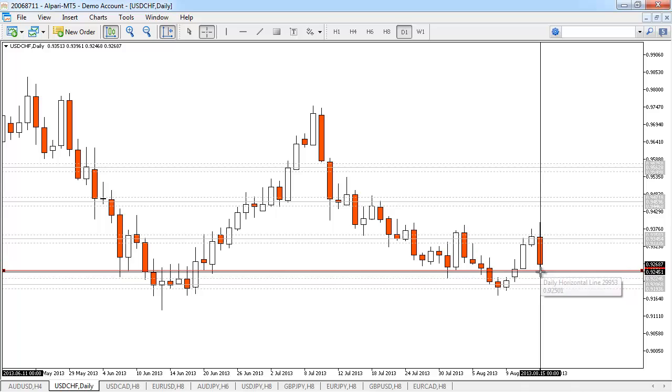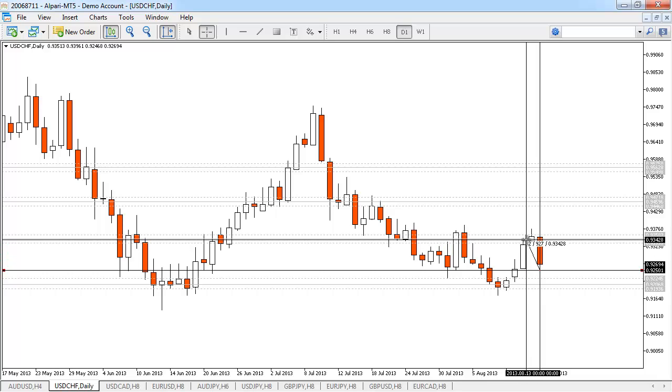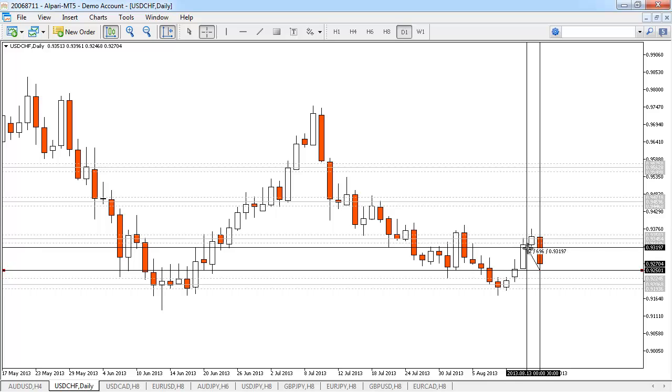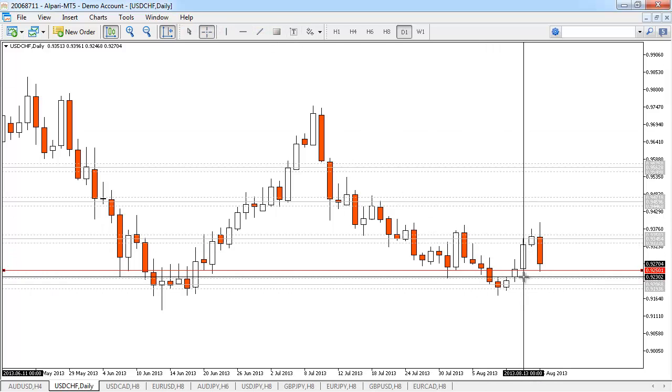If I trade it up here, it'll be way out of my money management rules because I'd be risking 80 pips and only gaining 90 pips. My maximum gain on this trade would be 90 pips, and that would not work with my money management rules. So I would have to wait for the retrace.